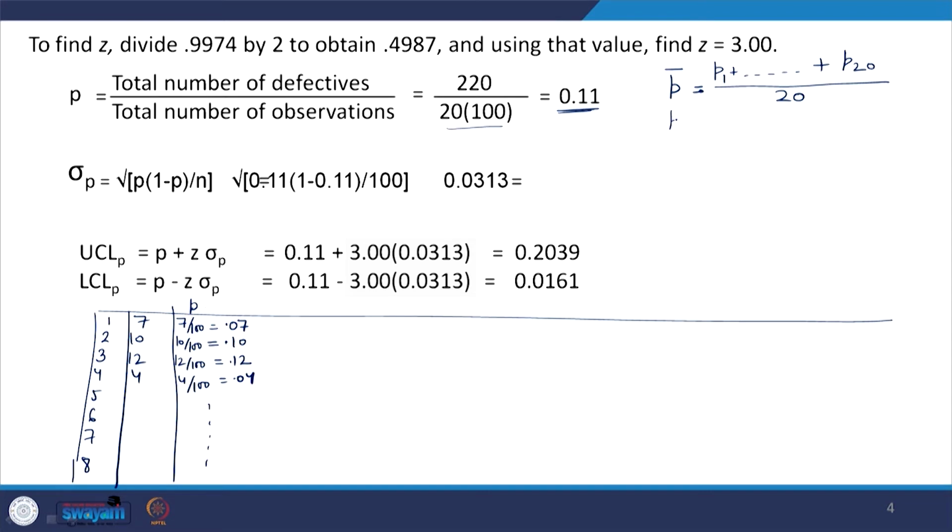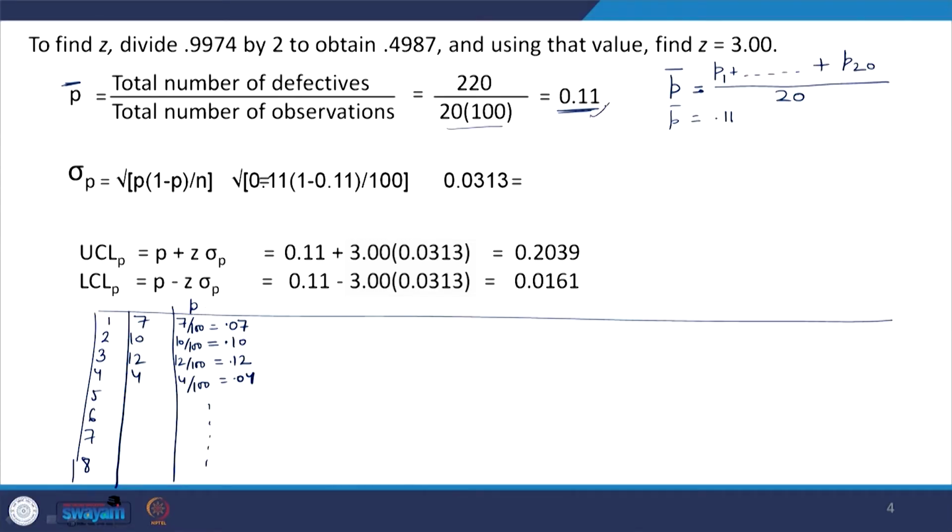So, that p bar, whether you calculate it from this method or by this method, is going to be 0.11. I am recommending that we should take the p value for individual samples, because when we plot on the chart, we will be plotting the p values. In any case we require the values of p for each individual sample, only then can you plot these values on the p chart.